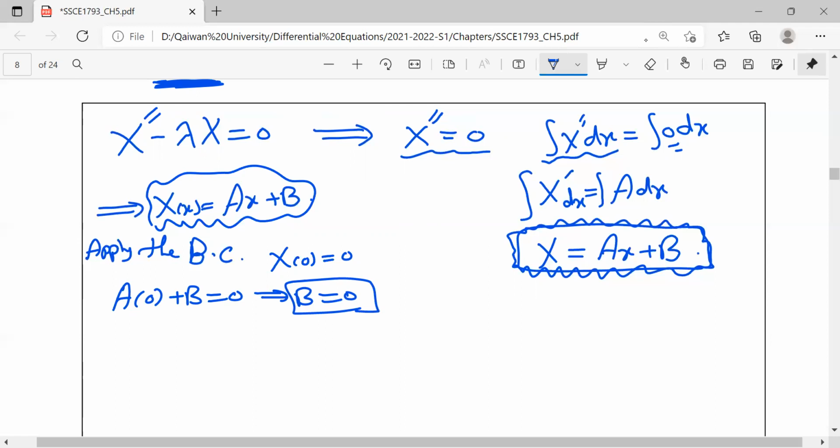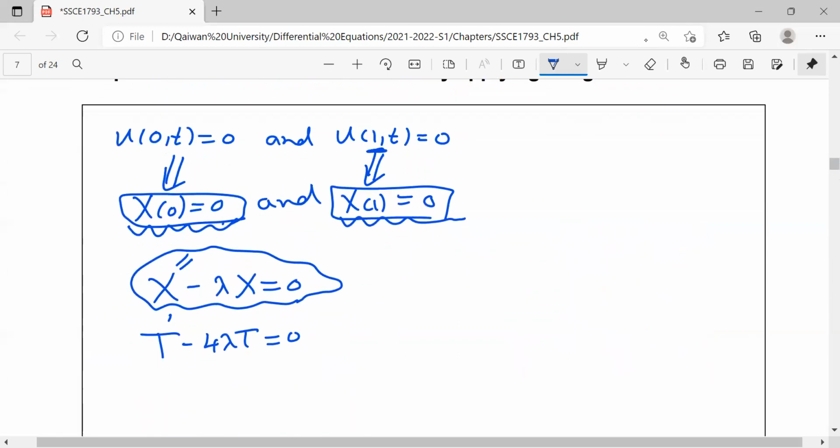Then we apply the second boundary condition. Since b is 0, the solution becomes X of x equals ax, because we have no b anymore. Now we apply the boundary condition X of 1 is 0.